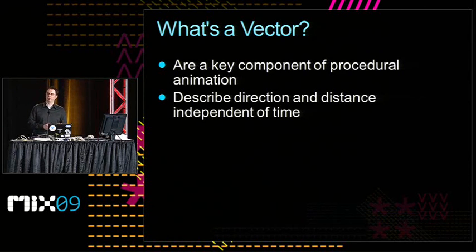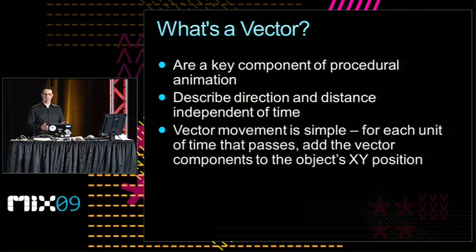That's very different than what you get with a storyboard that relies on time units to move objects around your application. And then the most important thing about vectors that you need to know is that they're actually really simple and easy to implement. Basically, you create an empty storyboard, get it running, and as time is passing in your application, you just add the components of a vector to your object's XY position.